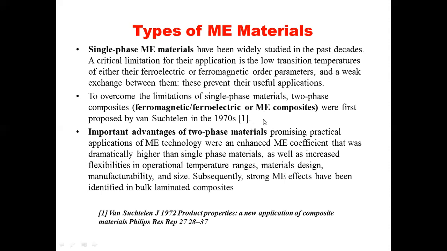To overcome the limitations of single phase materials, we now have two-phase materials. They are called magnetoelectric composite materials, and were first proposed by Van Suchtelen in the year 1970.